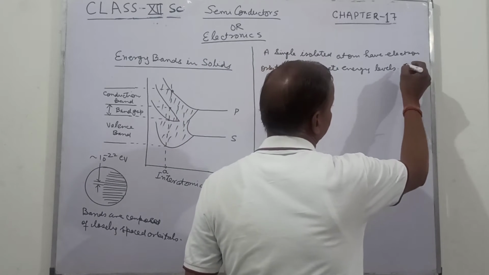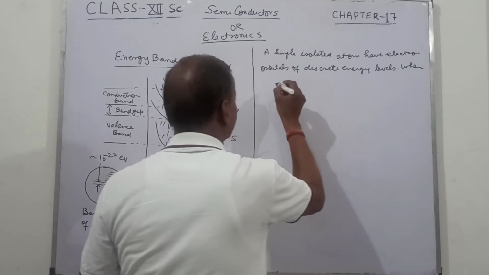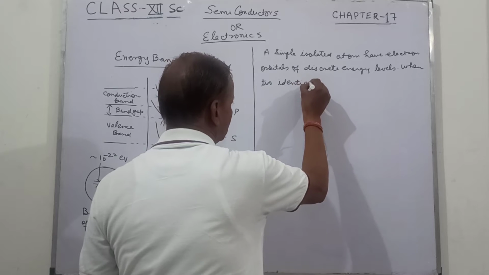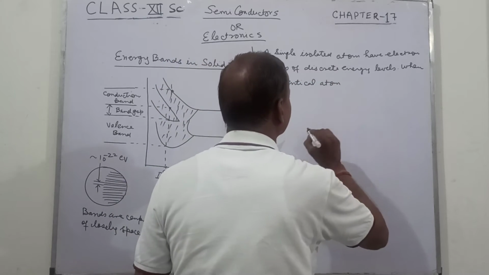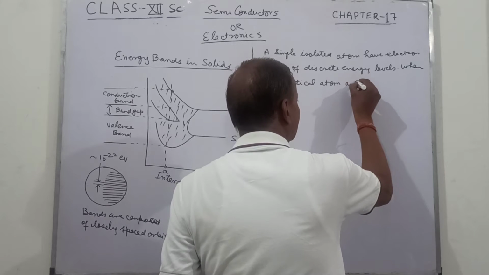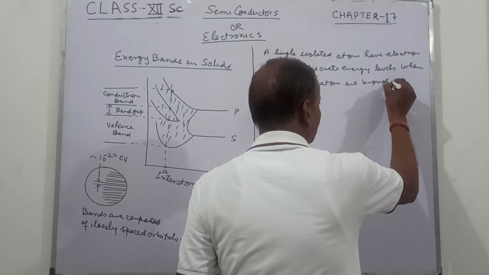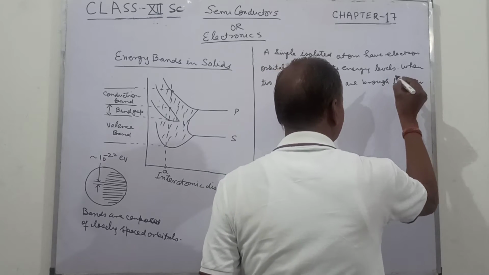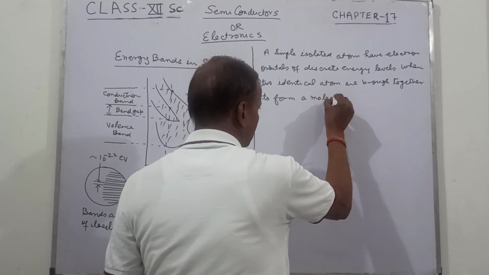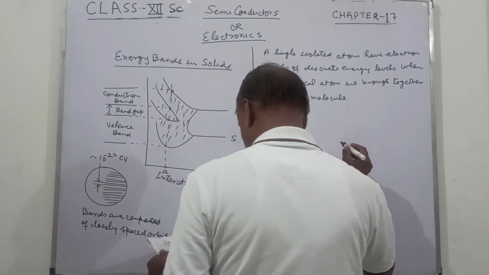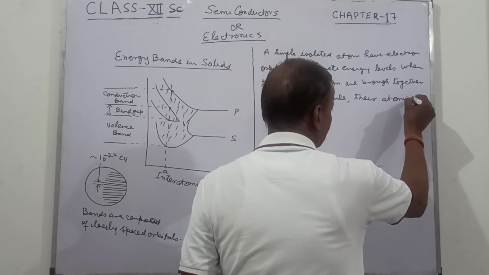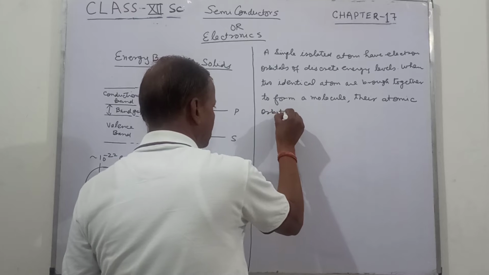When two identical atoms are brought together to form a molecule, their atomic orbitals overlap.